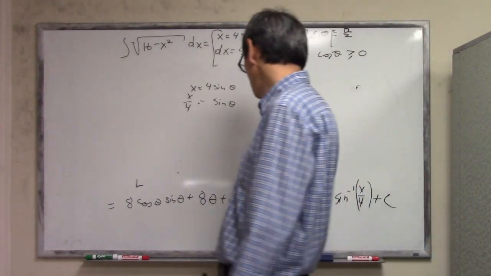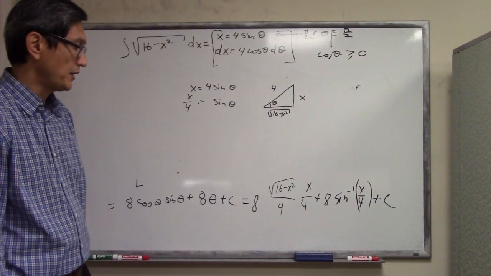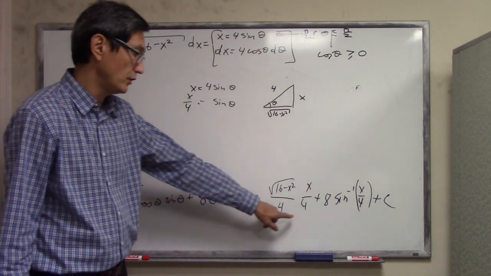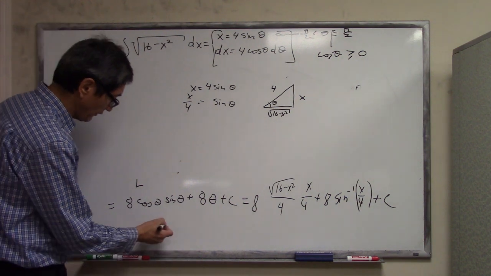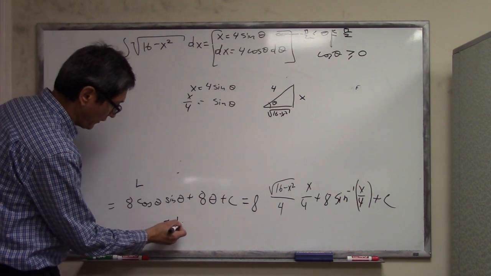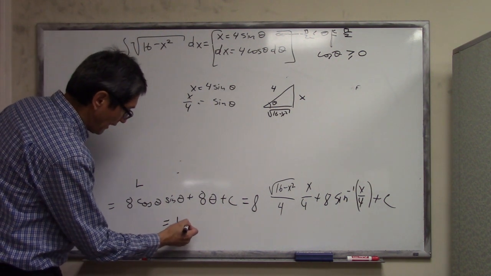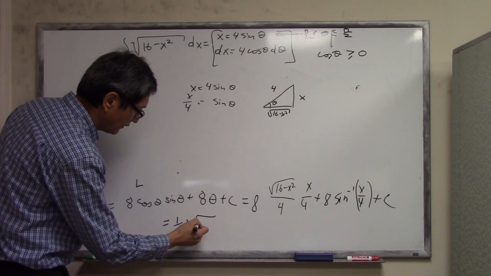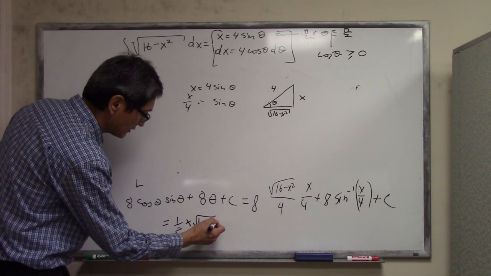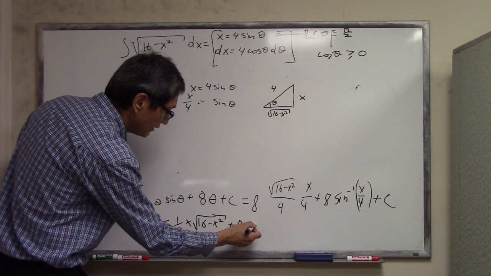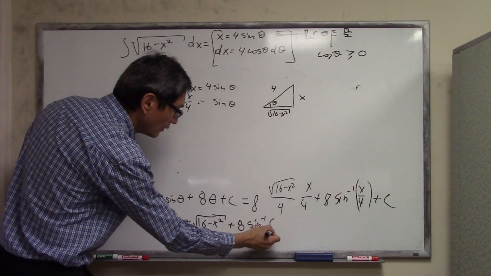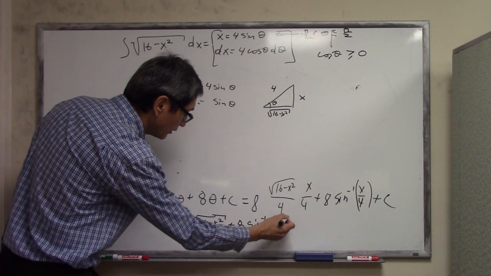Don't forget plus c. Simplifying that expression slightly, the final answer is 1/2 x times the square root of 16 minus x squared plus 8 inverse sine of x over 4.